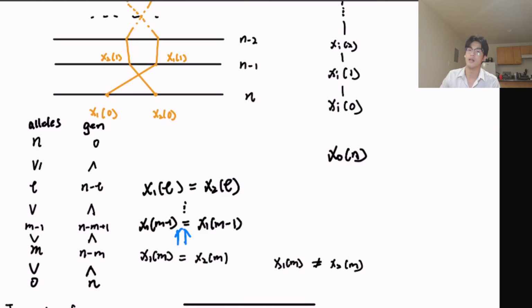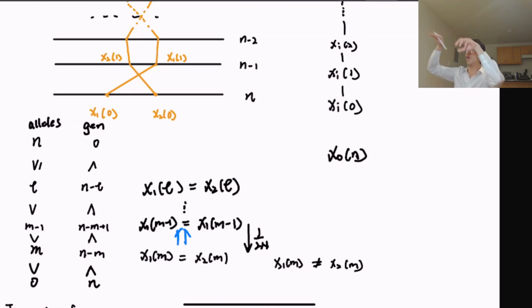If we go forward and want to have the exact same children, meaning that we sample the same parent, the probability of going this way is 1 over 2n, right? We first sample one, and for the second child, it must be the same allele from the previous generation.